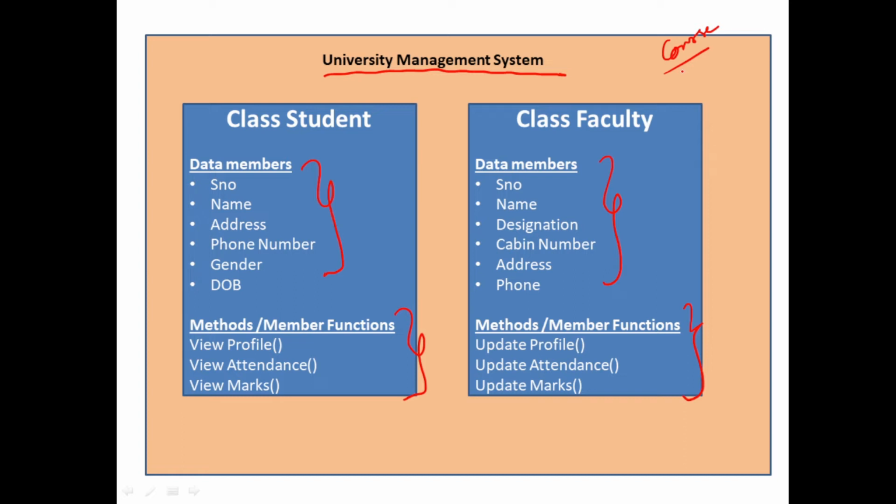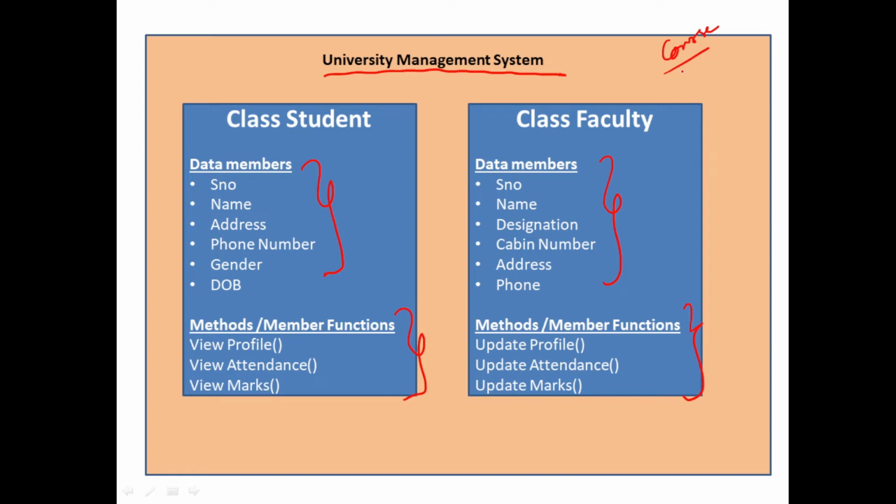So everything wherein you have many instances. You take a course, you have many courses. You take student, there are many students. You take the faculty, there are many faculty members. And all these objects have a common template from which they can be created. So that's about the class concept.